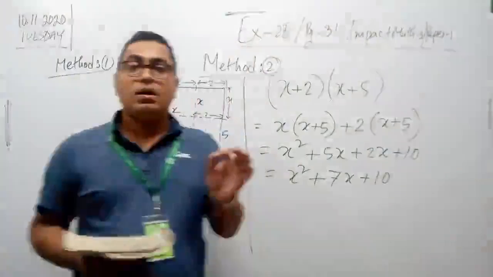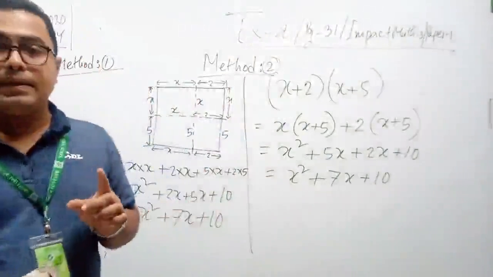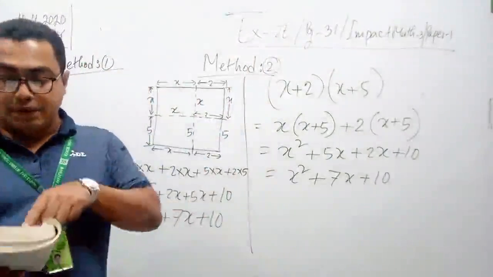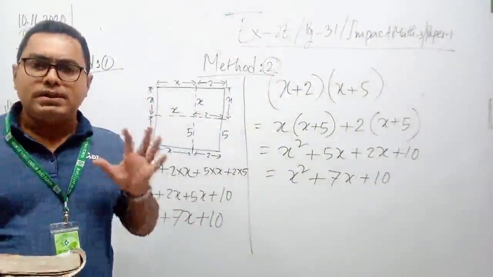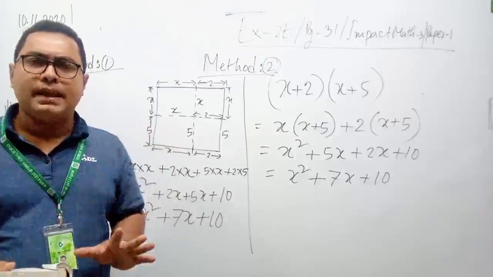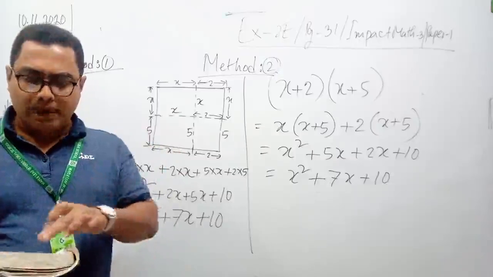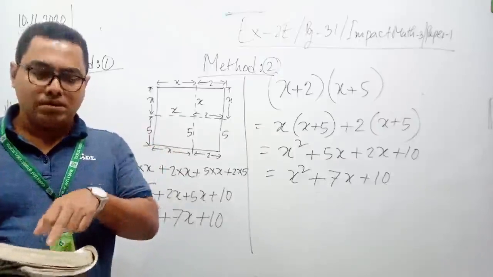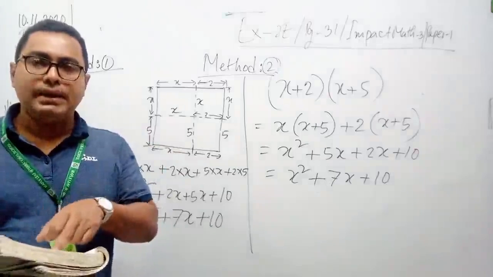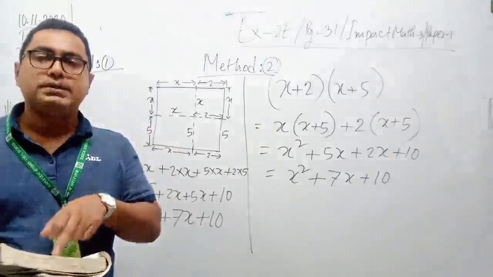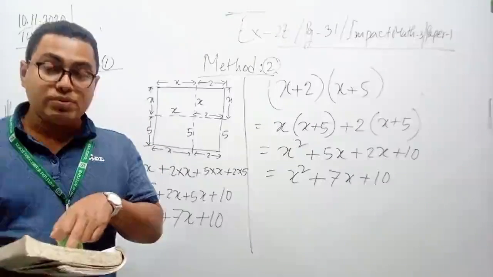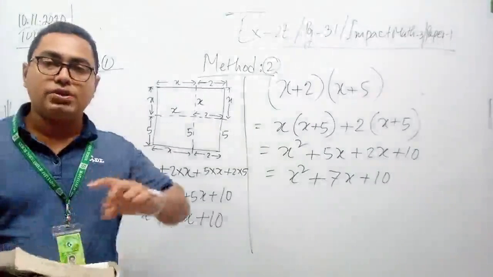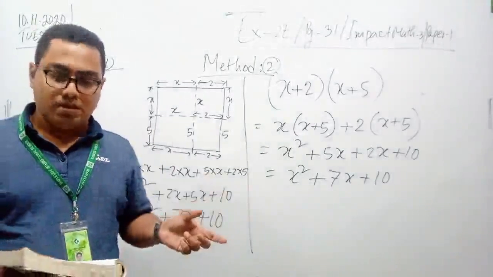But I think it is better for you if you start from method 2, because these maths are very simple. But if you use method 1 at the beginning, you will think that this is very complicated, because they have used a geometrical figure to solve an algebraic expression.